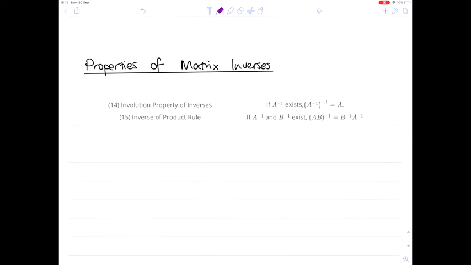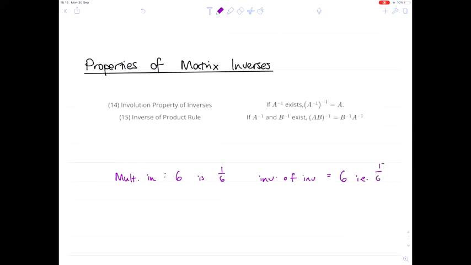So let's look at some properties of matrix inverses. As you probably know without even thinking, the multiplicative inverse of a number like 6 is 1 over 6, and if you want to find the inverse of the inverse, it is just going to be 6.